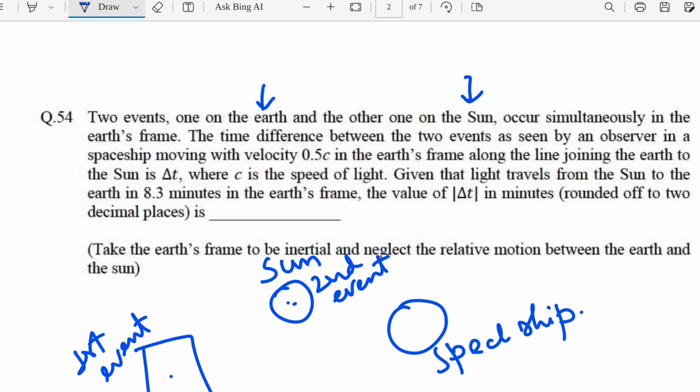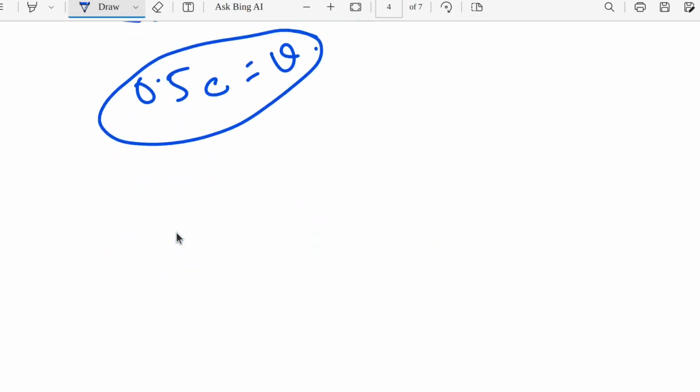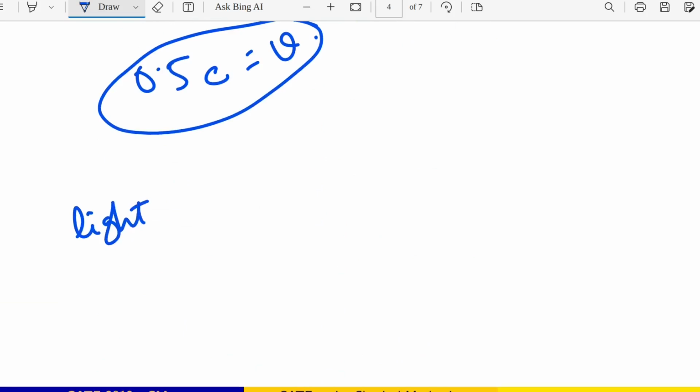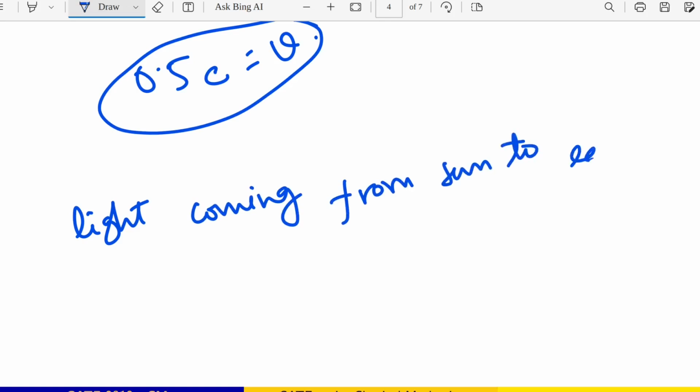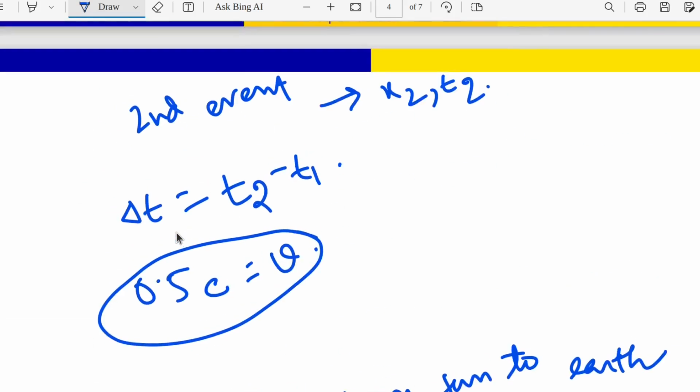So light coming from the sun to the earth takes time t, and this is 8.3 minutes. Now we have to calculate the value of delta t, which is t2 minus t1.